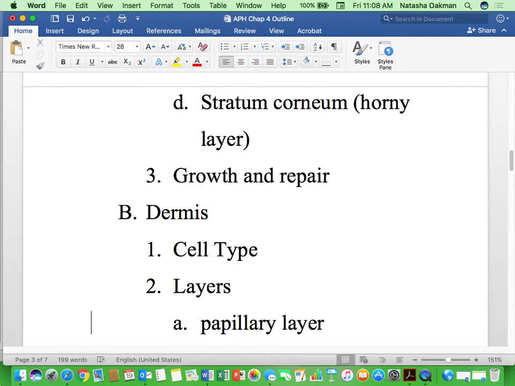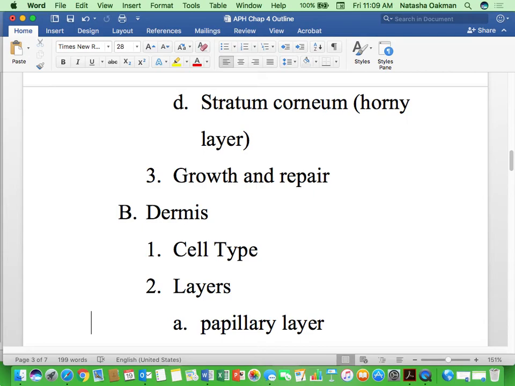You actually have unique fingerprints, and on your feet you have them as well.